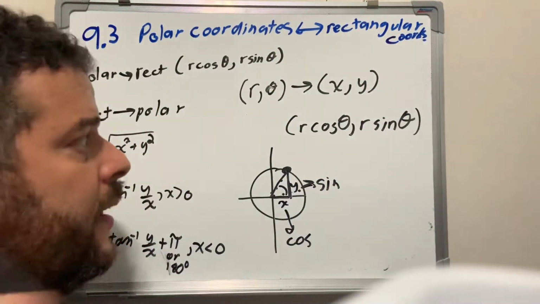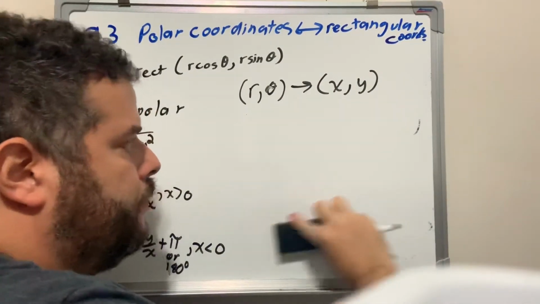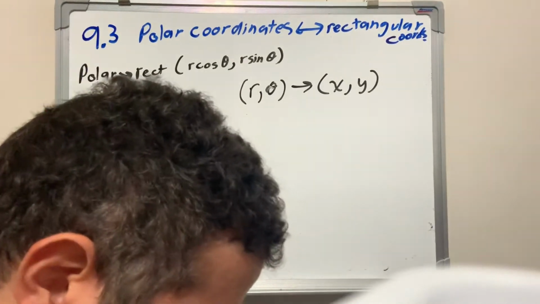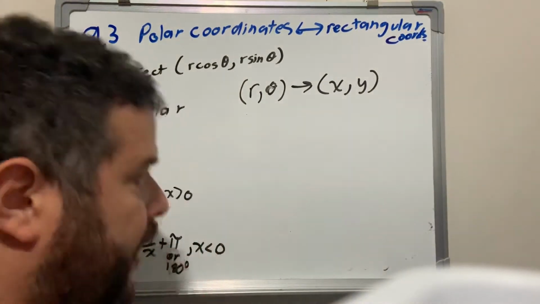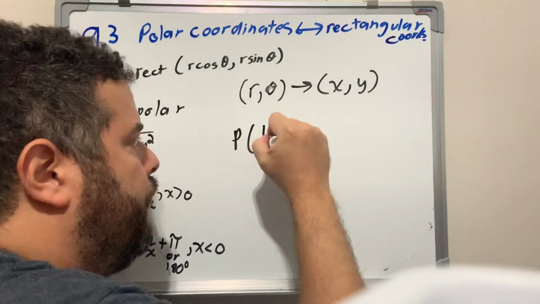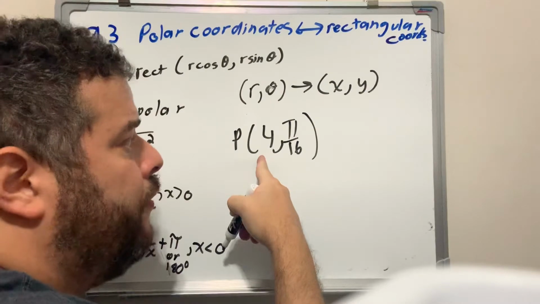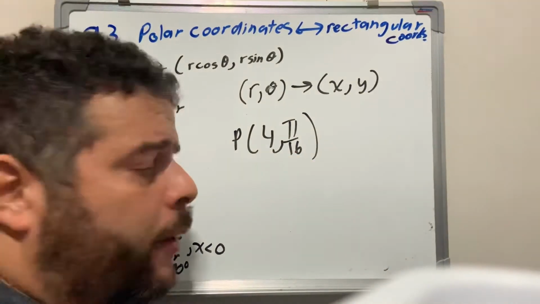But before that, let's do an example. Let's look at example 1 in the book, and let's go over A. They give me 4, pi over 16. I know that my r is 4. I know that my angle is pi over 16.